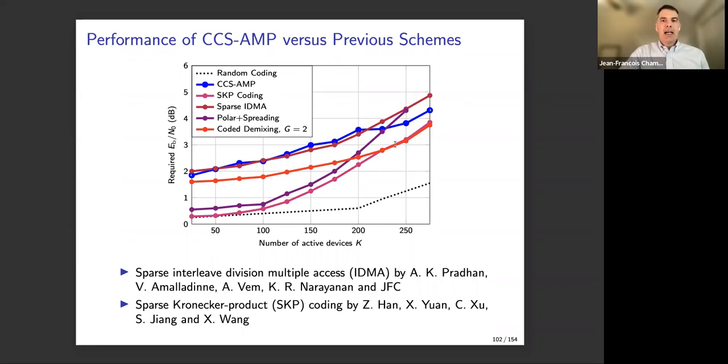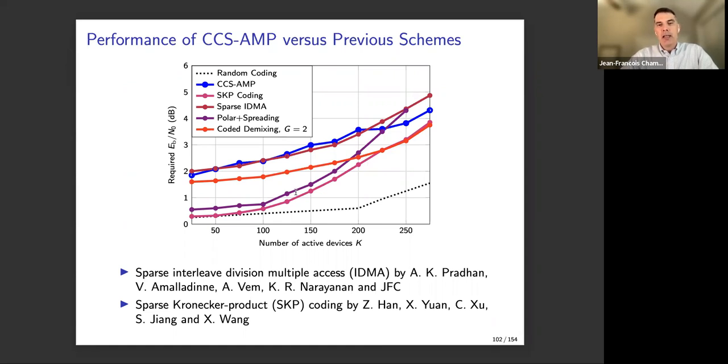And then along with that, when coded demixing with sparse domain came to be, it turns out that for a large number of devices, it does quite well. It performs as well as some of the best schemes that currently exist for the single antenna scenarios. That's, say, for 200 users, it becomes very nice. But also, I wanted to include some of the other schemes that have been developed since we worked on CCS approximate message passing as a reality check.